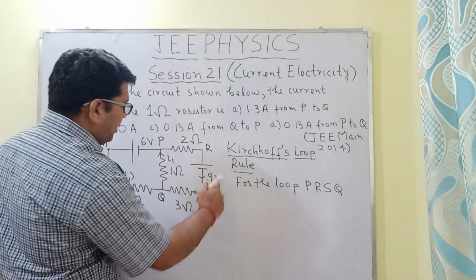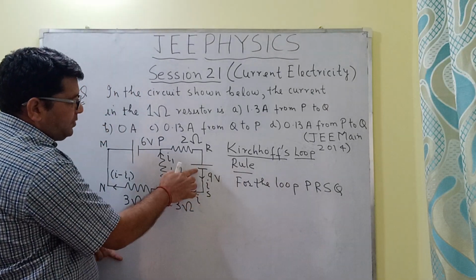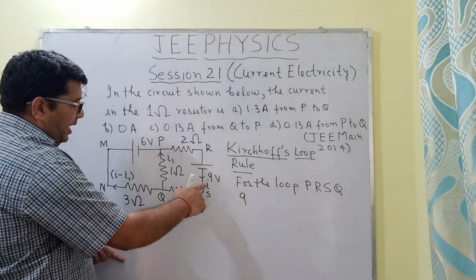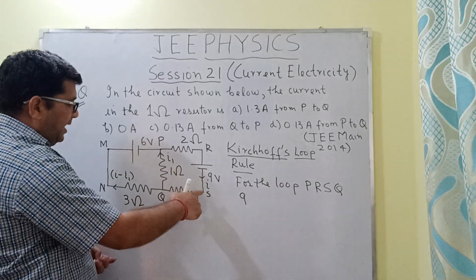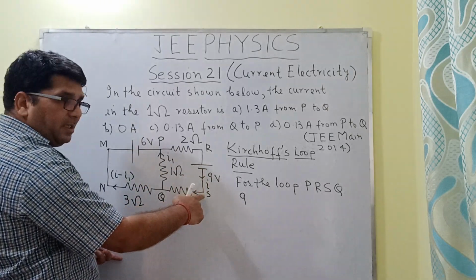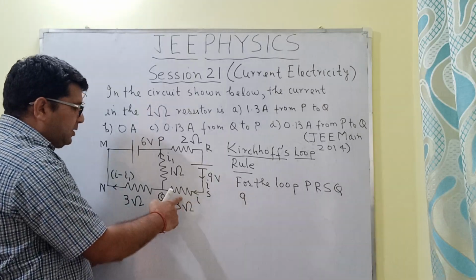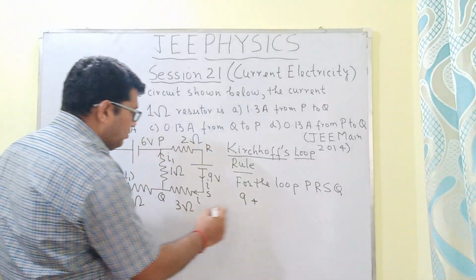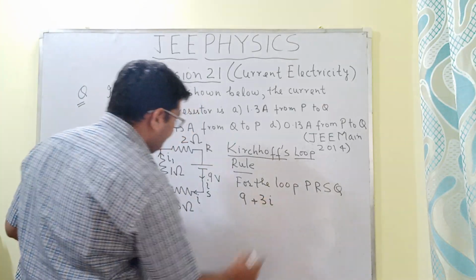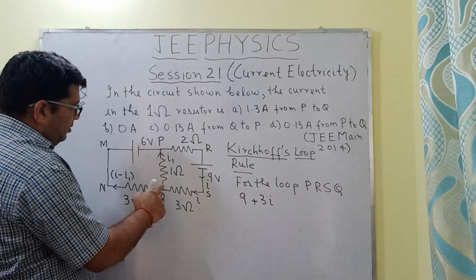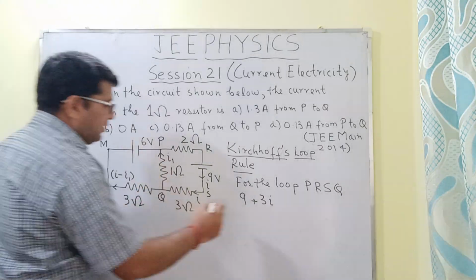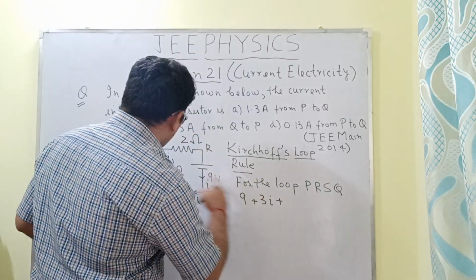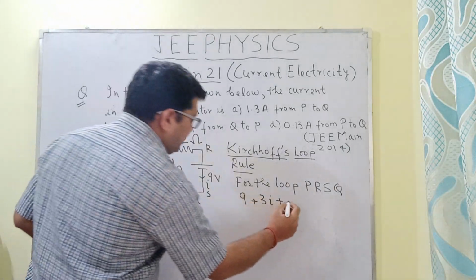Here the potential difference across the external EMF source is 9. The potential difference across this 3 ohm resistor will be 3 into I. The current flowing through this 1 ohm resistor is I1, so the potential difference across it is 1 into I1, that is I1.